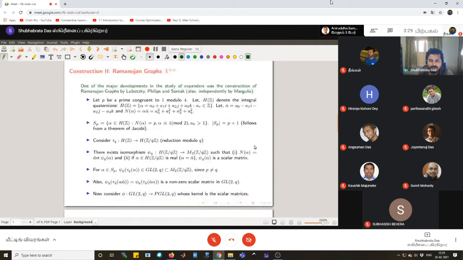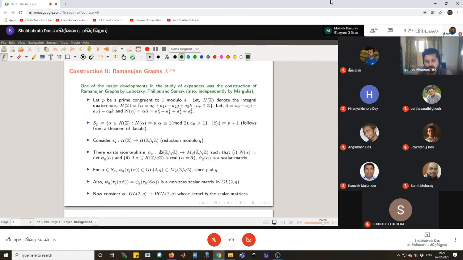So roughly, very briefly, putting a lot of things under the carpet, this is what I think is the essence of the Lubotzky-Phillips-Sarnak construction. You start with quaternions, you pass from the integers to Z mod q.